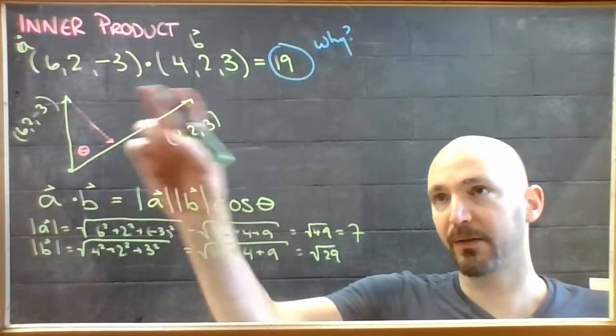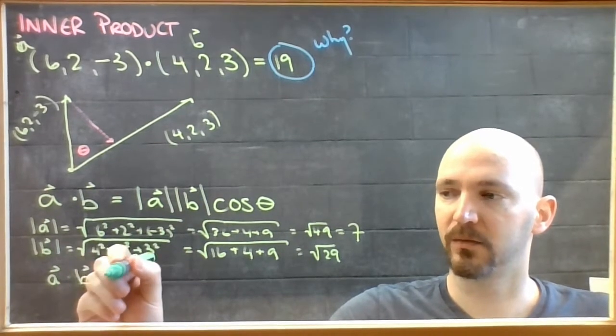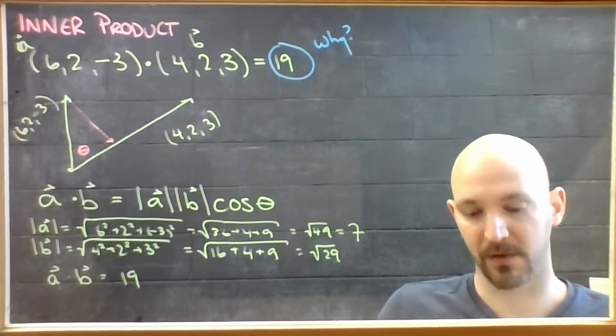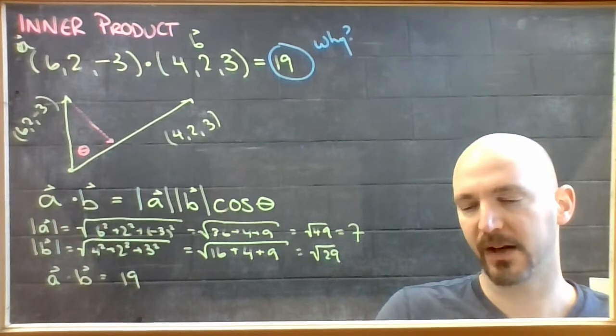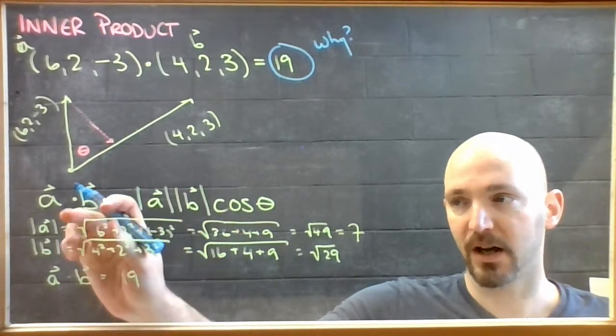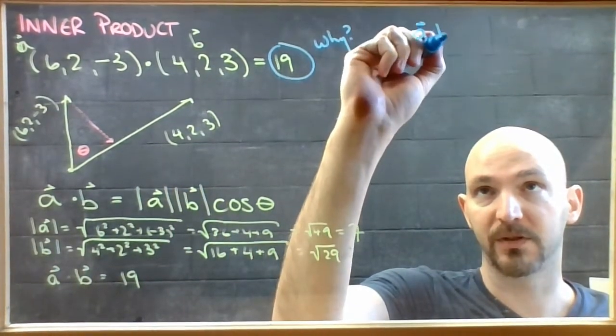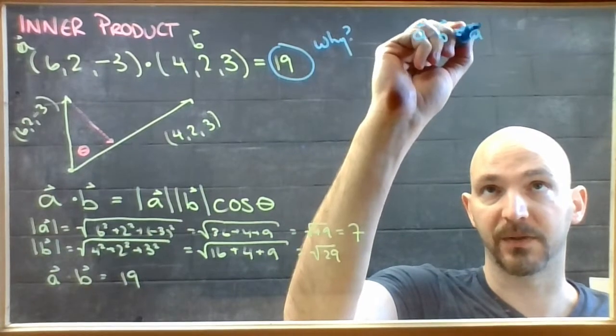And I already went through and did this and figured out that A dot B was 19 if I did the dot product manually. So if I were to take this little structure here and fill in A dot B, magnitude of A, magnitude of B, I should be able to get the angle between those vectors.